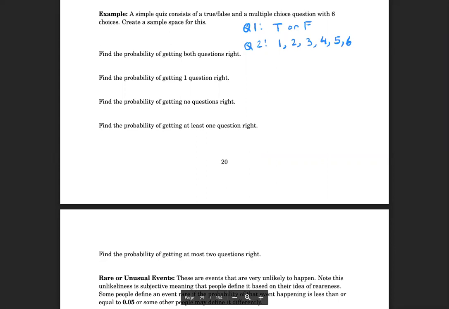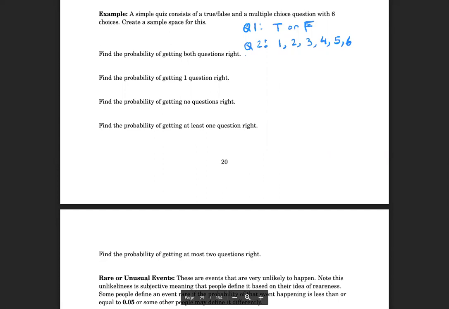You have a very simple quiz, 2 questions. Question 1 is a true or false. That means it has 2 choices, right? I use labels true or false. And question 2, however, has 6 choices, 6 possibilities, 1, 2, 3, 4, 5, and 6.